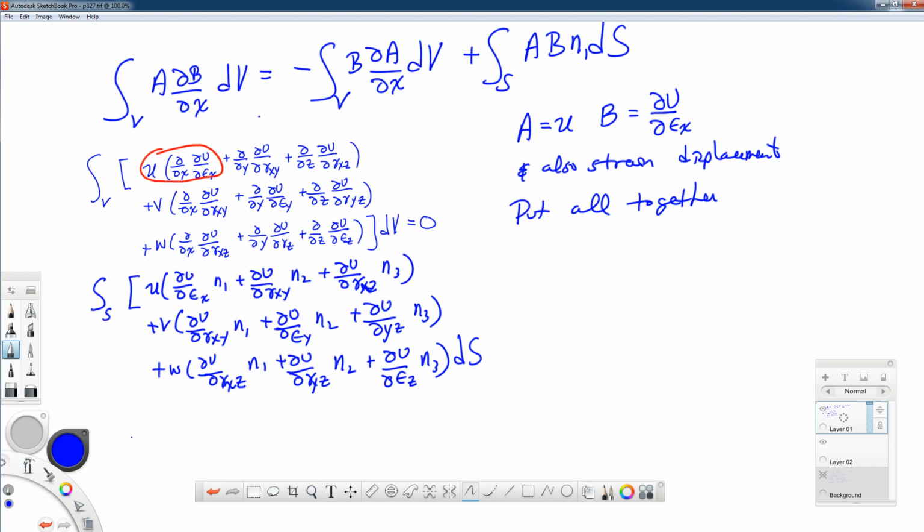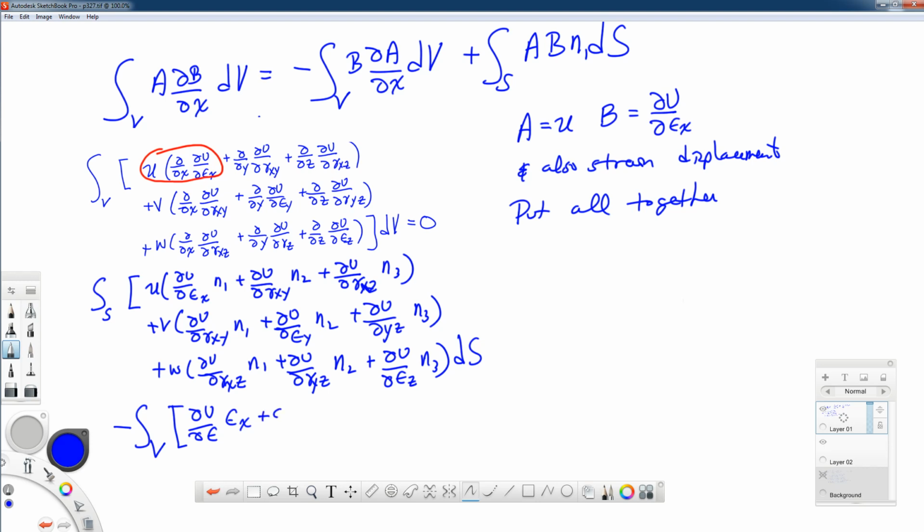And then we have another term that's going to be the volume terms, and it's like the B partial A with respect to x, dV type terms. Except now we're going to have the partial of U with respect to x. And since we have partial derivatives of U with respect to x, that's like a strain term epsilon x. Okay.